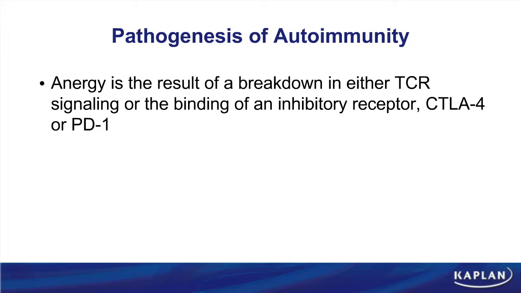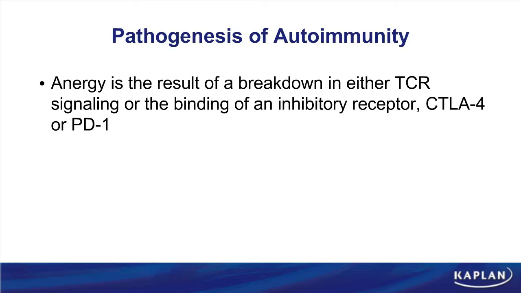Now, these inhibitory receptors like CTLA4 and PD-1 are really big right now in cancer immunotherapy. Because if we inhibit the inhibitors, we can keep the immune system working, and that has done wonders in treatments of different sorts of cancers.